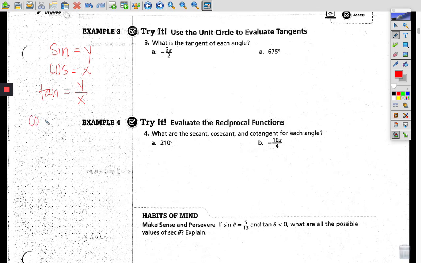Cotangent is the reciprocal of tangent. So instead of y over x, it's going to become x over y. Secant is the reciprocal of cosine. So instead of x over 1, it's going to become 1 over x. And cosecant is going to be 1 over y.